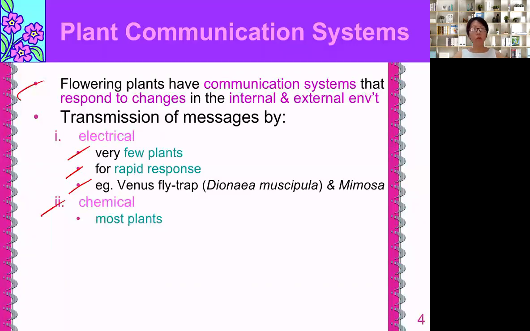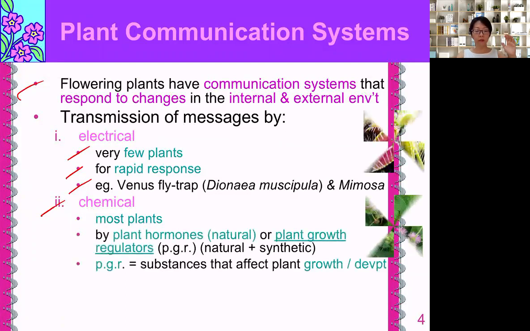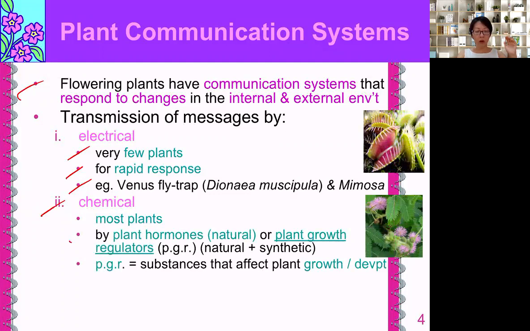Chemical: most plants communicate within themselves, within the cells in the plant body, using a chemical, which is plant growth regulator. This plant hormone is called plant growth regulator, short form PGR.